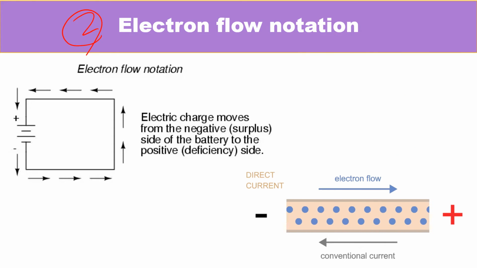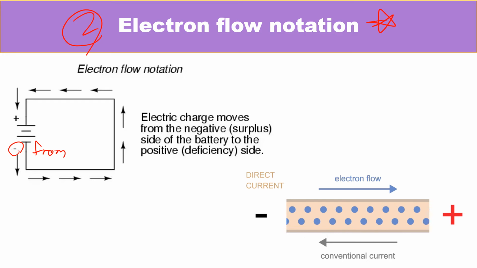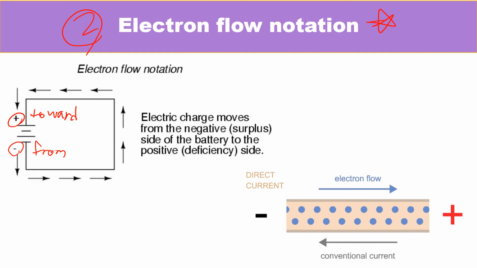After Thomson, if you remember who that was, the person who used cathode ray tube to discover there is positive charge and negative charge inside of an atom. In any case, electron flow notation is what you need to consider. This is an actual situation. Electrons actually move from negative end and go toward positive end.